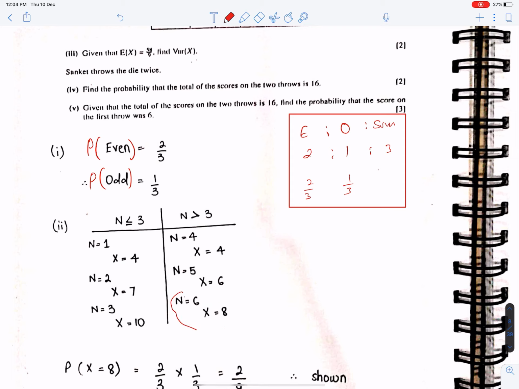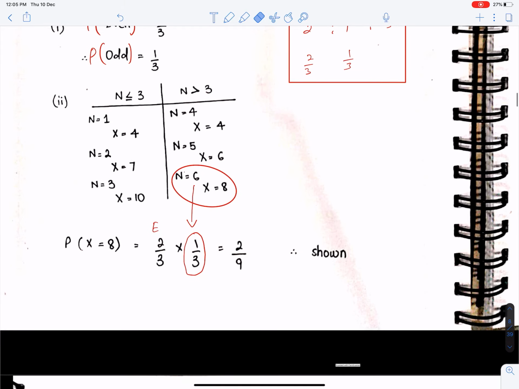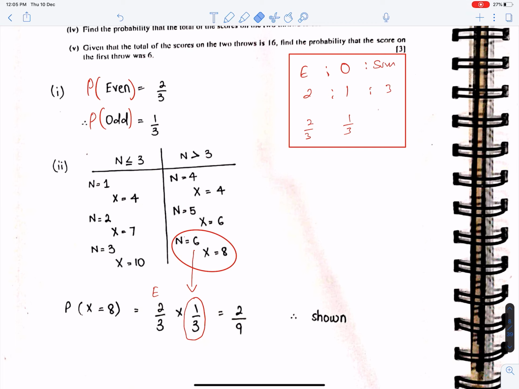So to get 8, the number thrown should be an even number. This is the probability of an even number, and 1 upon 3 means the specific number 6. Let me explain this thing here.